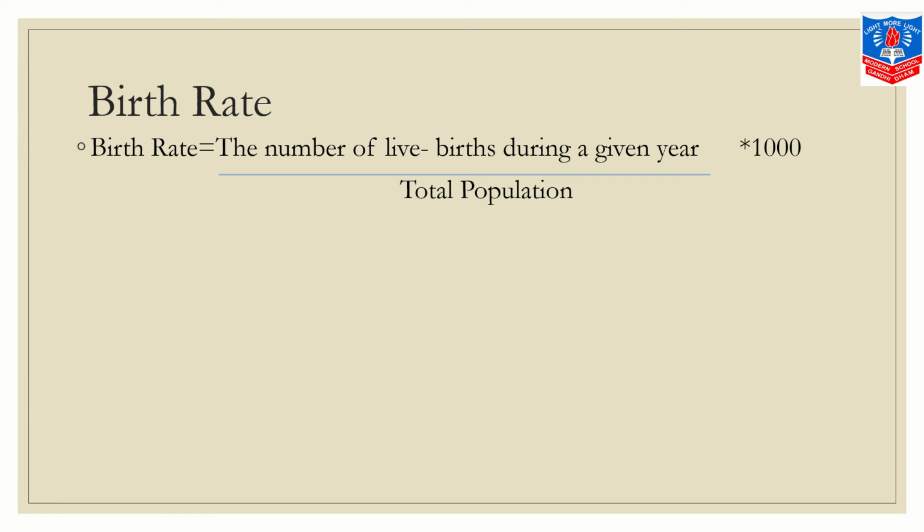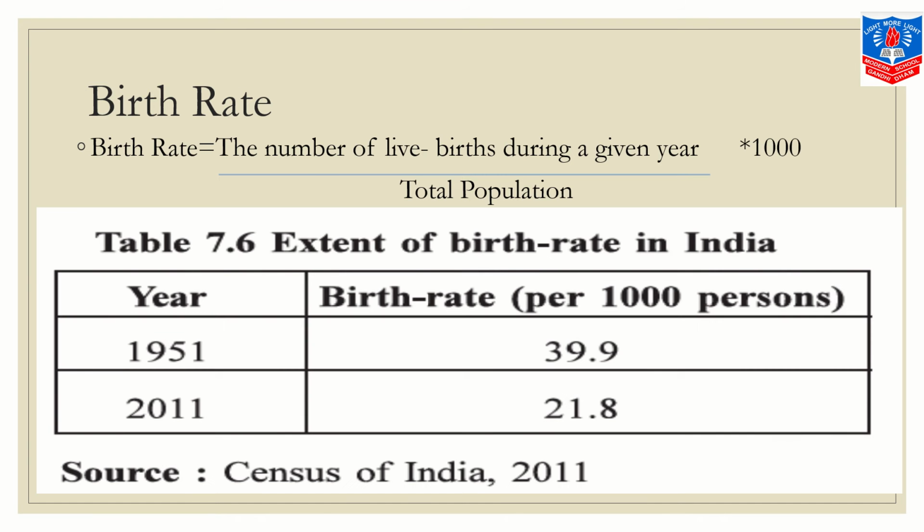Say for example, now students, on the screen you will also find the extent of birth rate in our country, given for two different years, 1951 and 2011. The birth rate per 1,000 persons for 1951 was 39.9, whereas in 2011 it was 21.8.